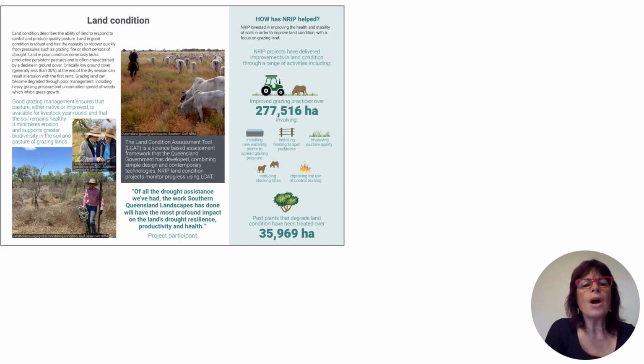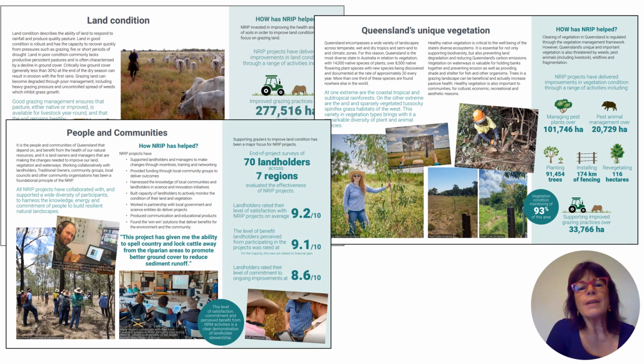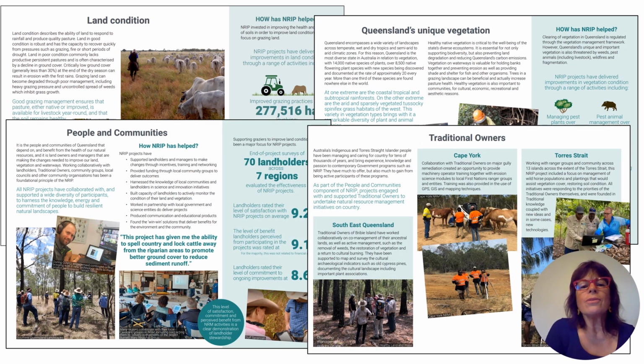And in addition to that, this report card on a page was supplemented by a range of other more detailed pages which outlined some of the deliverables, some of the small stories, some quotes, and the photos that everybody loves. So altogether, the report card provided a really solid, demonstrable, evidence-based summary of what that program had achieved.